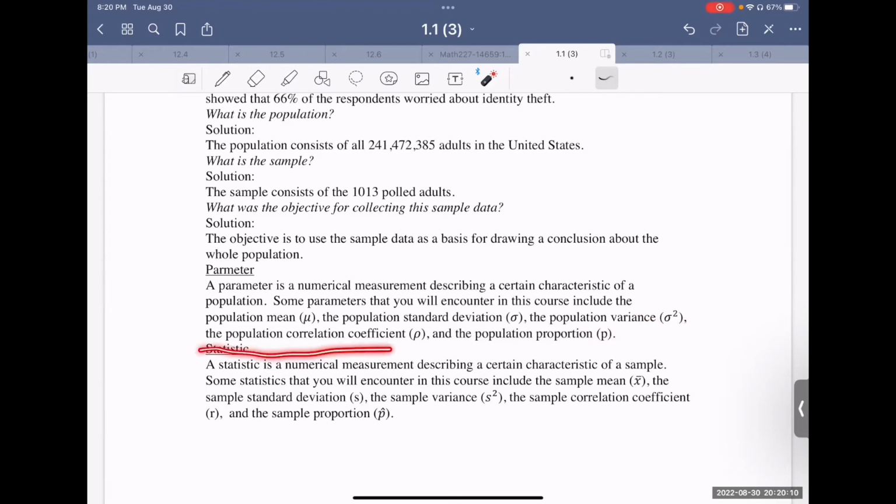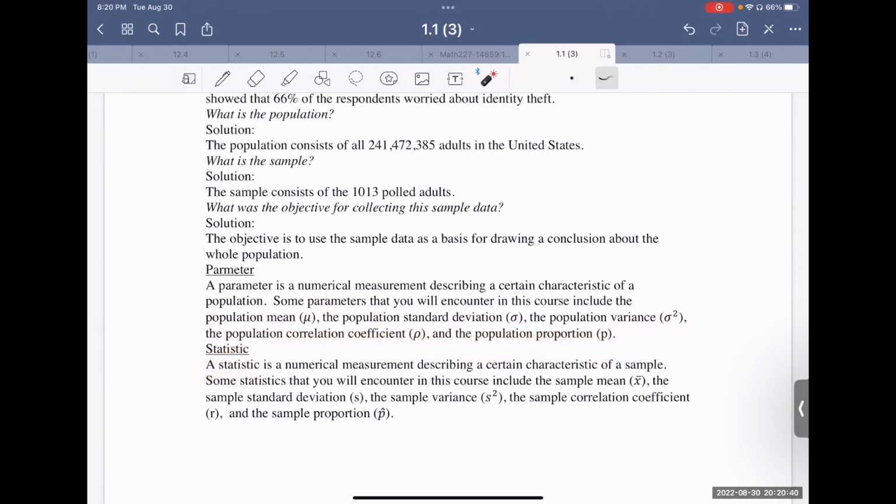The population correlation coefficient, denoted by the Greek letter rho. And the population proportion, denoted by p, or sometimes by the Greek letter pi. In the future, we will have these concepts defined.